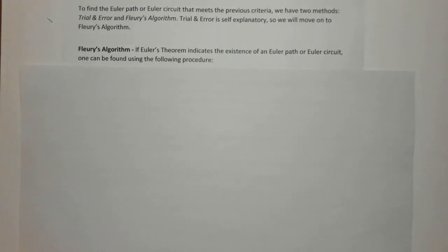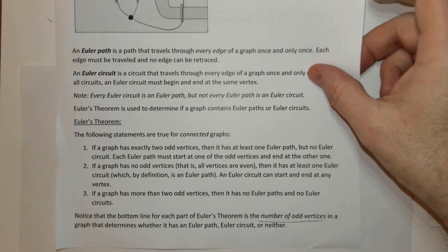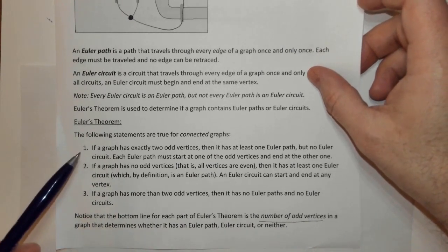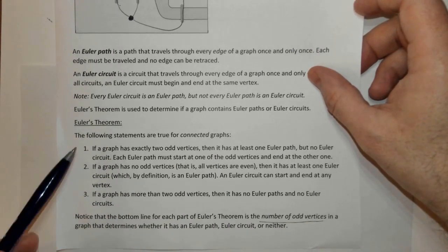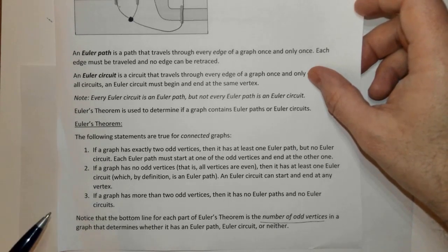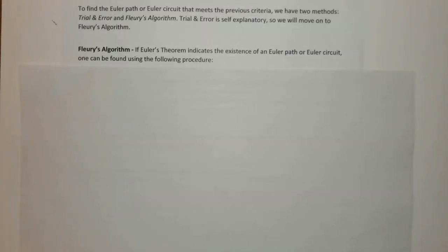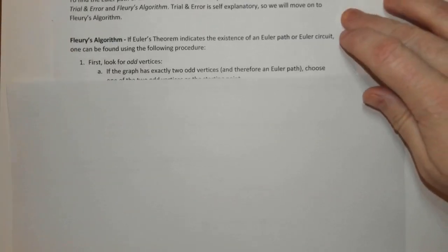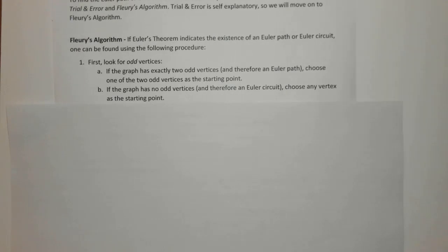So, if Euler's theorem indicates the existence of an Euler path or circuit, one can be found using the following procedure. You first look at your connected graph. If it satisfies one of these two, meaning it has an Euler path or circuit, then we can move on and use Fleury's algorithm. So first, you're going to look for the odd vertices. We have two cases, basically.